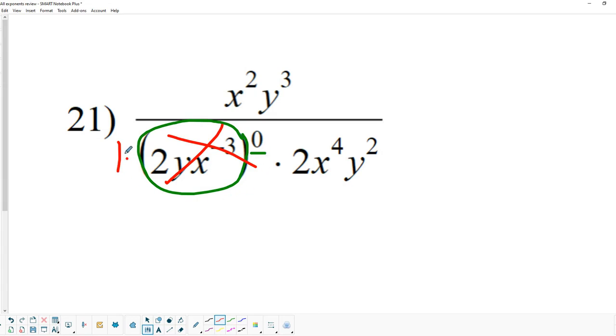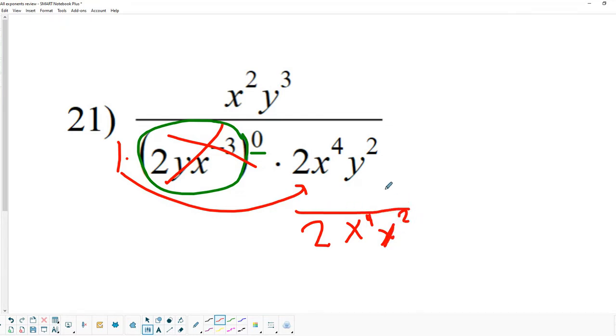So now I can just do 1 times 2 is 2. And then I have x to the 4th, y to the 2nd on the bottom. And on the top I have x squared y to the 3rd.